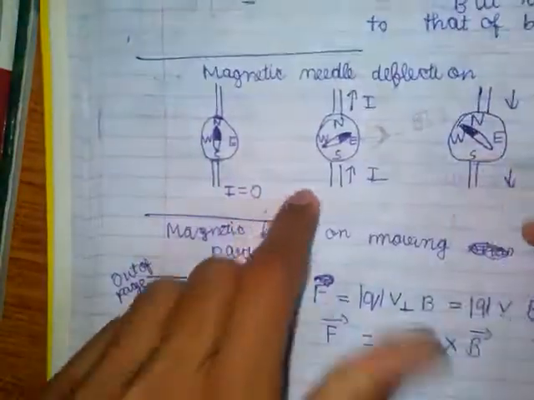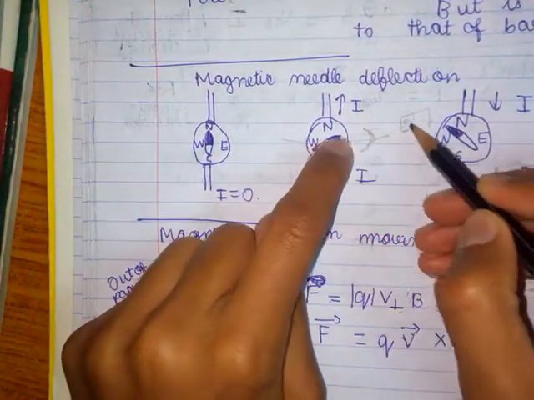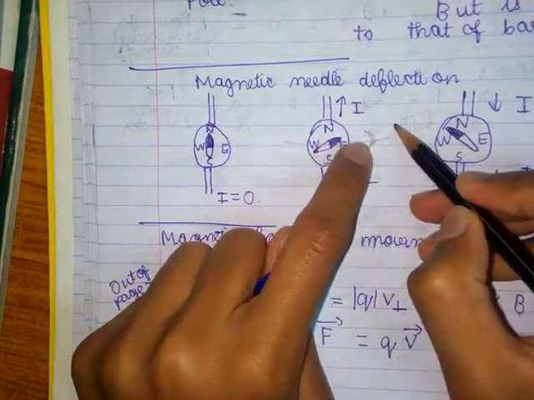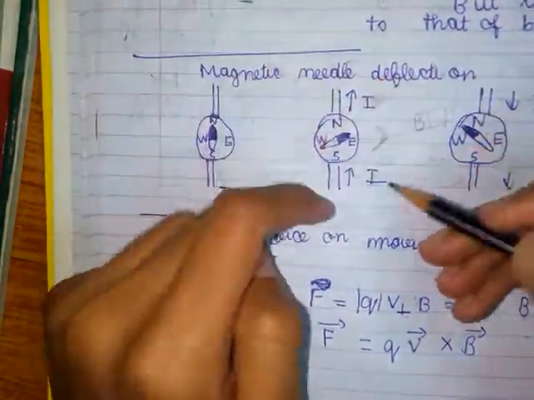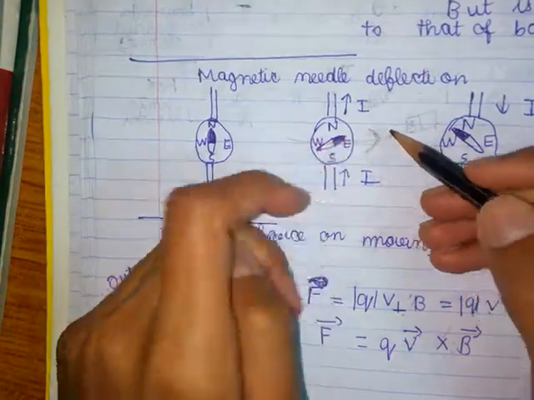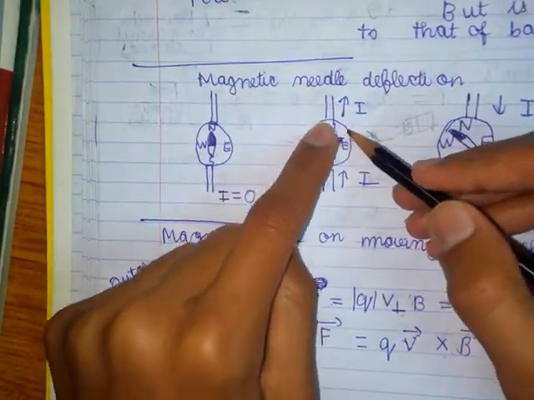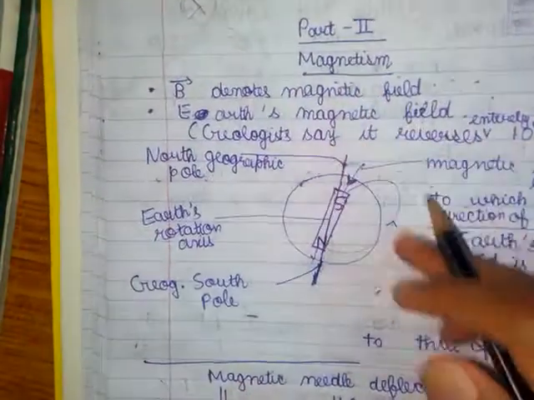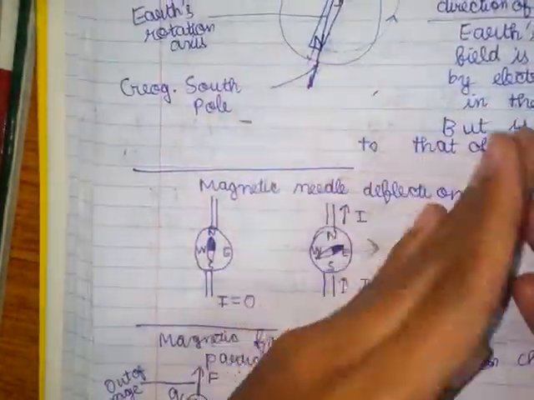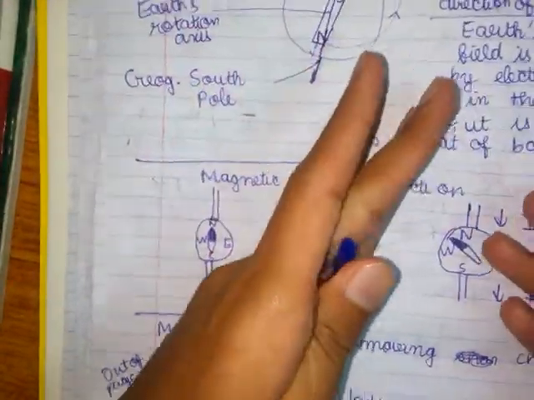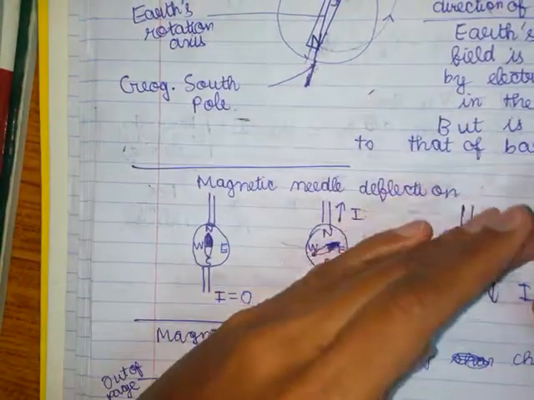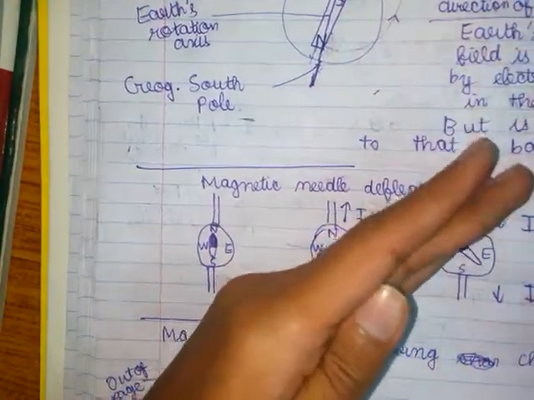So this is the north pole, this is the south pole, and therefore they attract each other, and the compass needle points in this direction. It won't be completely horizontal, since there is some portion of Earth's magnetic field as well, which tends to align it in this direction. So actually it would be in the middle of the two directions.